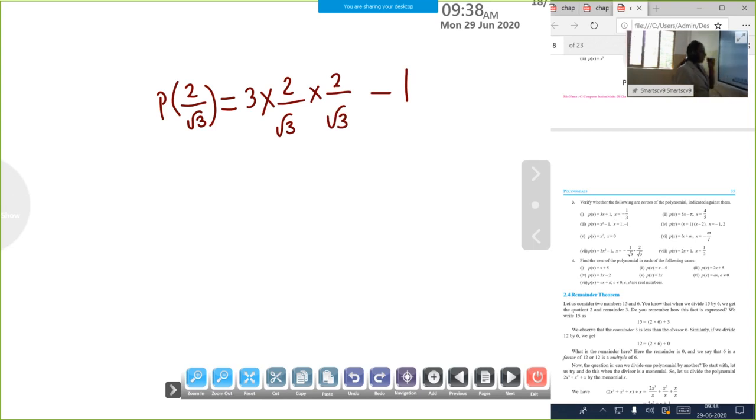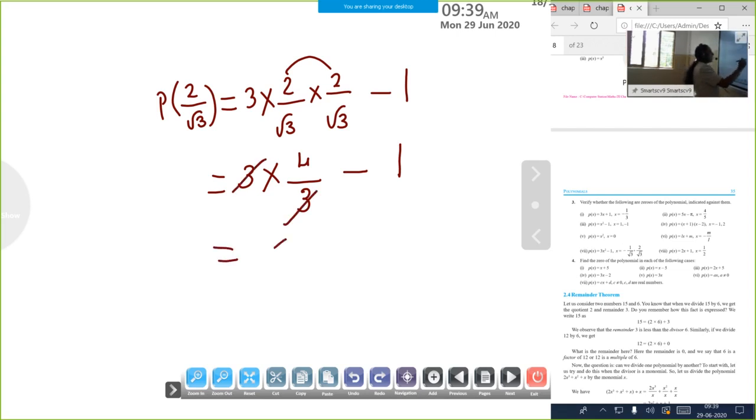That is the second term. 3 into 2 by root 3 into 2 by root 3 minus 1. When you multiply these, the answer is 4 by root 3 into root 3. You know what is the value of root 3 into root 3? 3 itself. Minus 1. 3 into 4 by 3 minus 1.